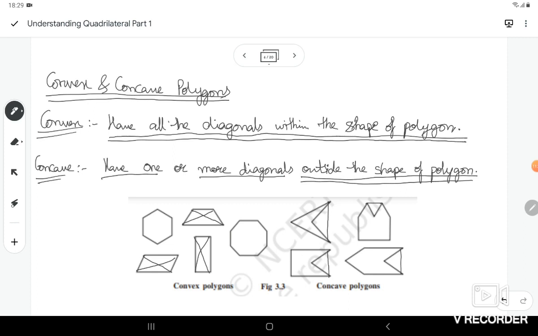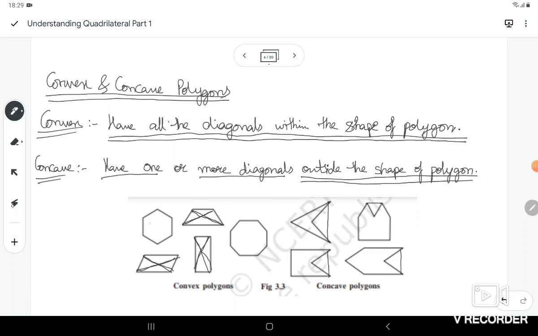Now you can see from the figure the convex and concave polygons. I have drawn the diagonals of the parallelogram that are inside the shape of the polygon. Also in case of rectangle, the diagonals are inside the shape of the polygon. Also in case of trapezium, the diagonals are within the shape.